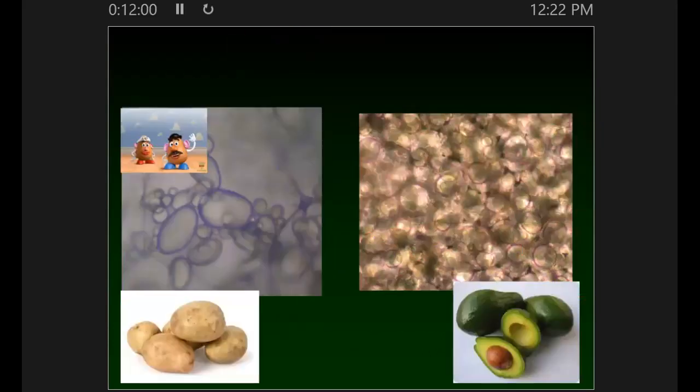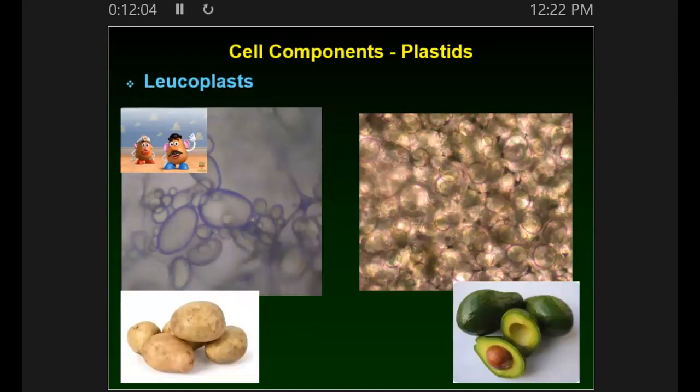Okay, so you'll also look at leucoplasts. Leuco is generally saying that they're colorless. They're not that bright, unlike what we just saw with those chromoplasts, that really deep pigment. Here you're looking at leucoplasts, a special type of leucoplast called amyloplasts.